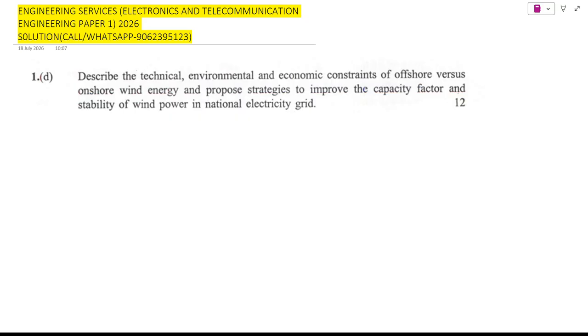So first, let us define both. First, the onshore wind farm. Wind turbines installed on land, for example, like Rajasthan, Gujarat, Tamil Nadu, and the offshore wind farm.